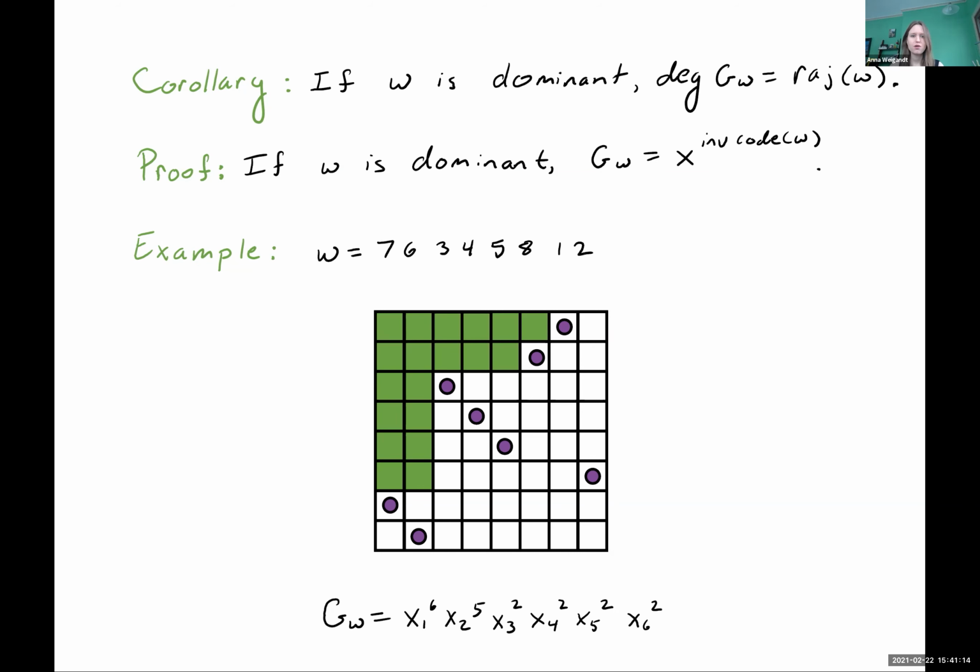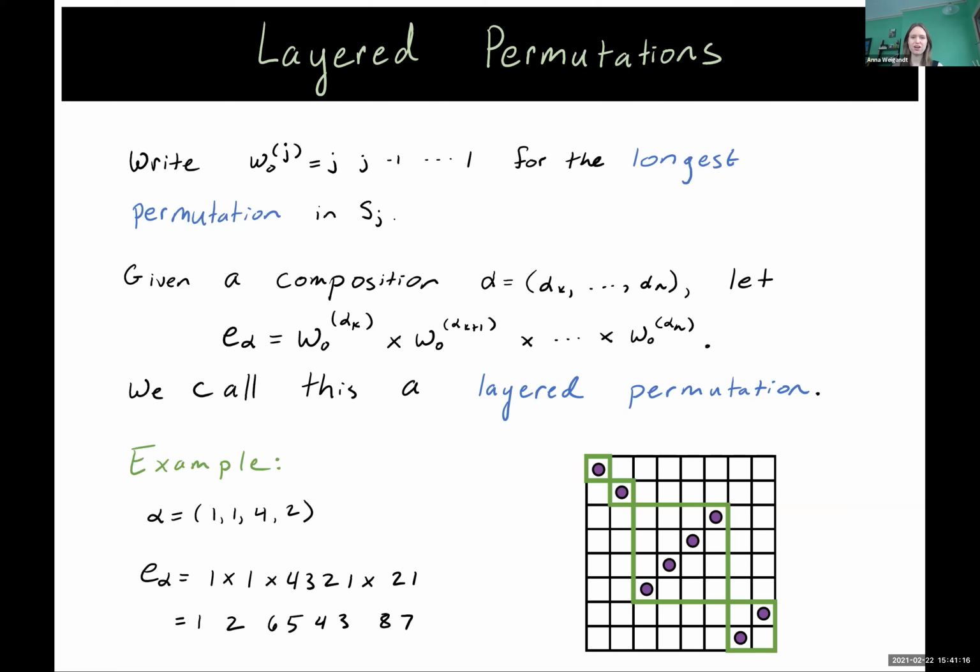Okay, so the next class of what I would argue are easy permutations for us to understand this theorem with is called layered permutations. W naught sup J is the longest permutation in the symmetric group S_J, reversing the sequence J, J minus 1, and so on down to 1. If you have a composition, you can form a permutation with this cross operation, which is really just stacking permutations together blockwise.